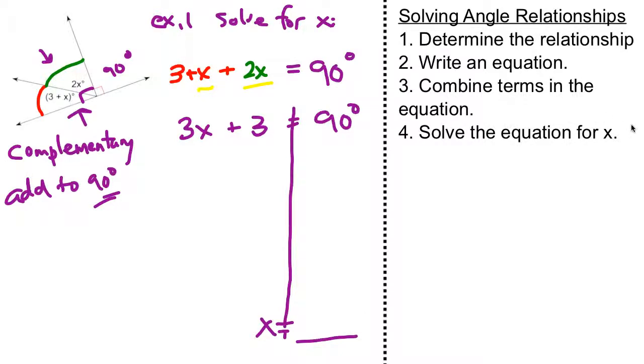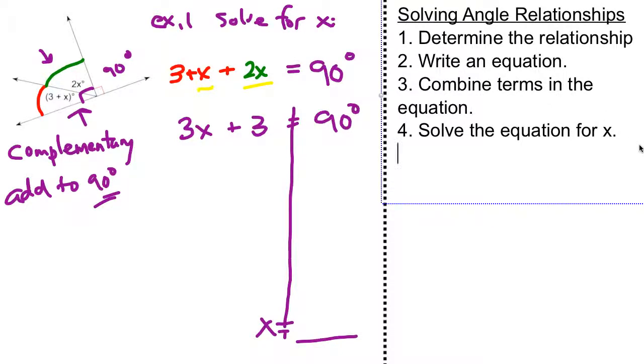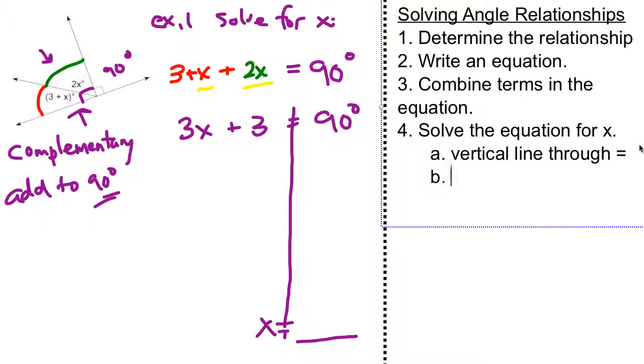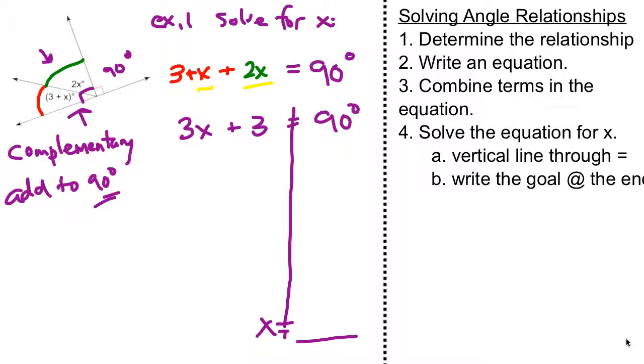I'm going to write those steps up here as little bullet points. Bullet point A is vertical line through the equal sign, and bullet point B is write the goal at the end. You got the idea. And so now we can go through and solve this out.